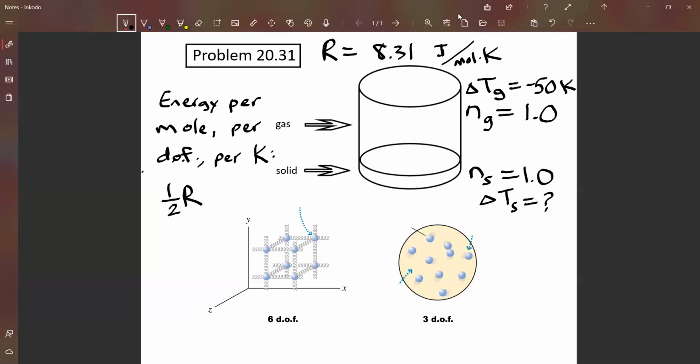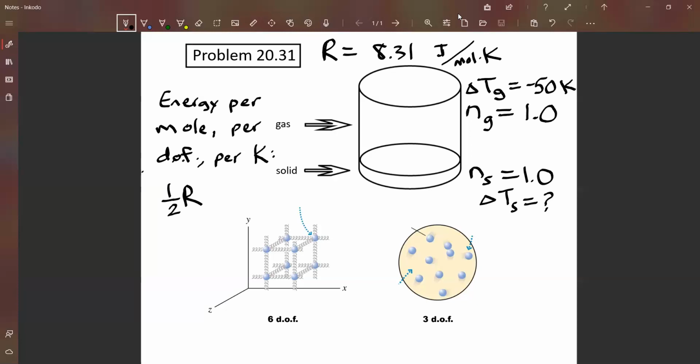Obviously, raising the temperature should increase the energy, right? That seems pretty intuitive, but by how much? It depends on the number of ways of storing energy, for lack of a better word. And in this case, there are 6, because we're talking about a monatomic solid.